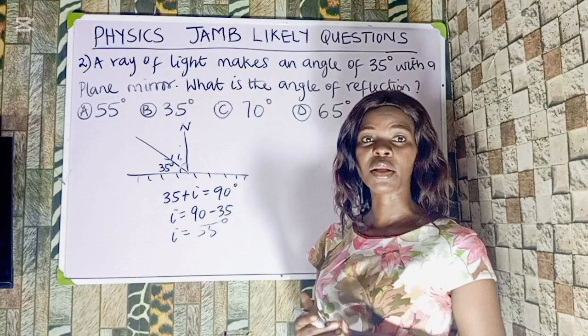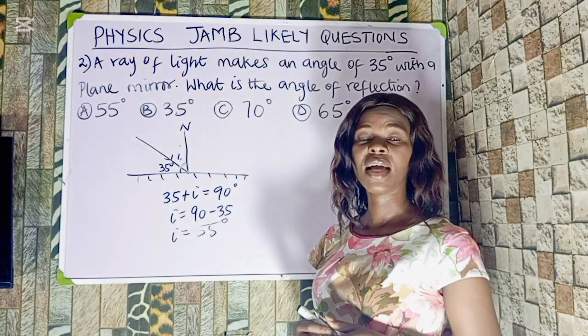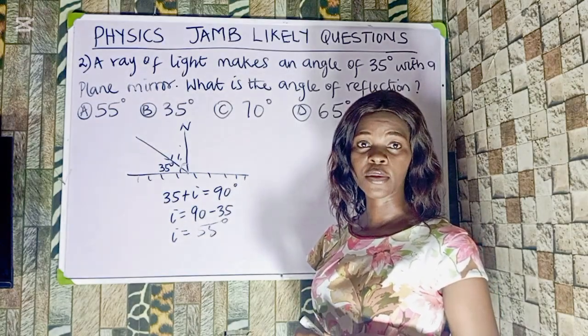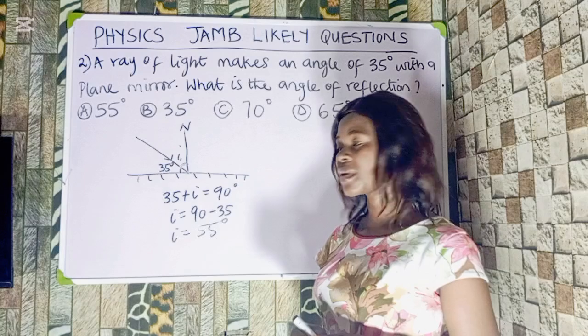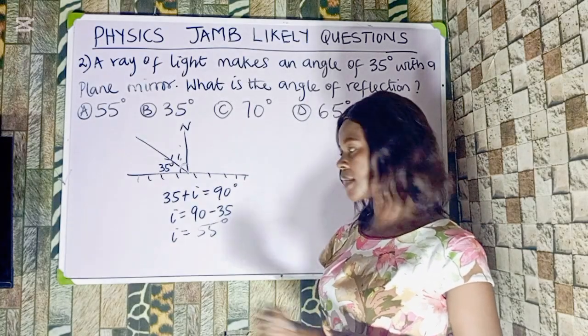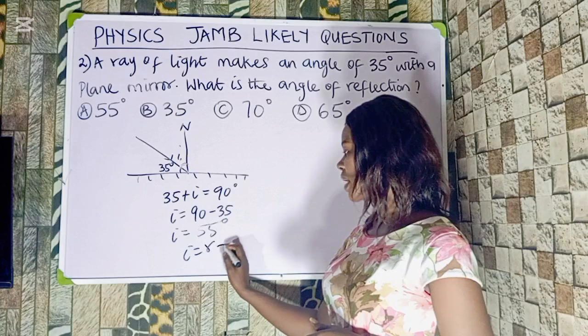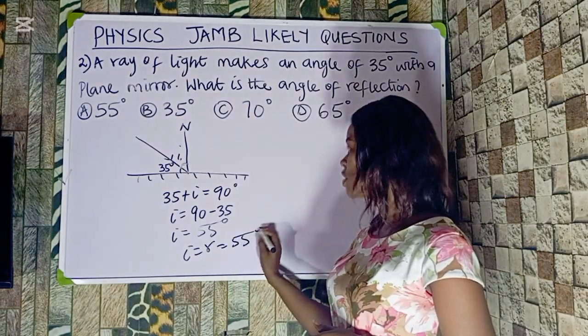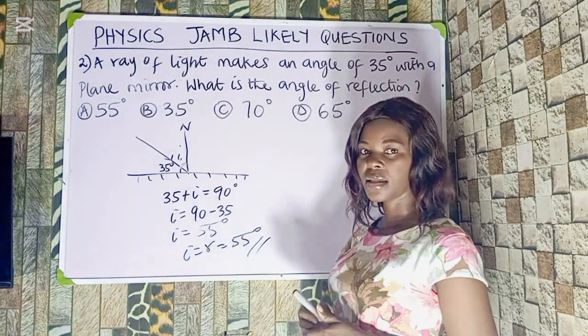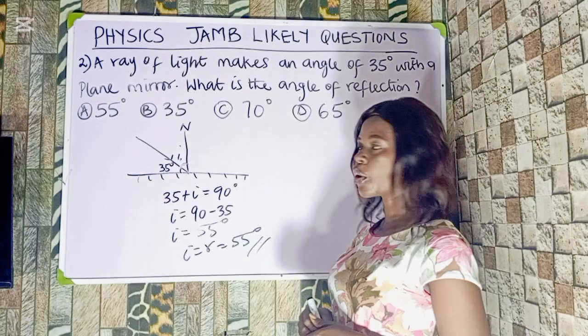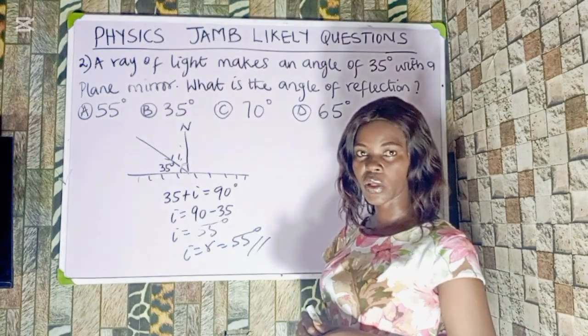You must remember from the law of reflection that the angle of incidence I equals the angle of reflection R. So I is equal to R, which is equal to 55 degrees. From what you have gotten so far, the correct option to this question is option A.